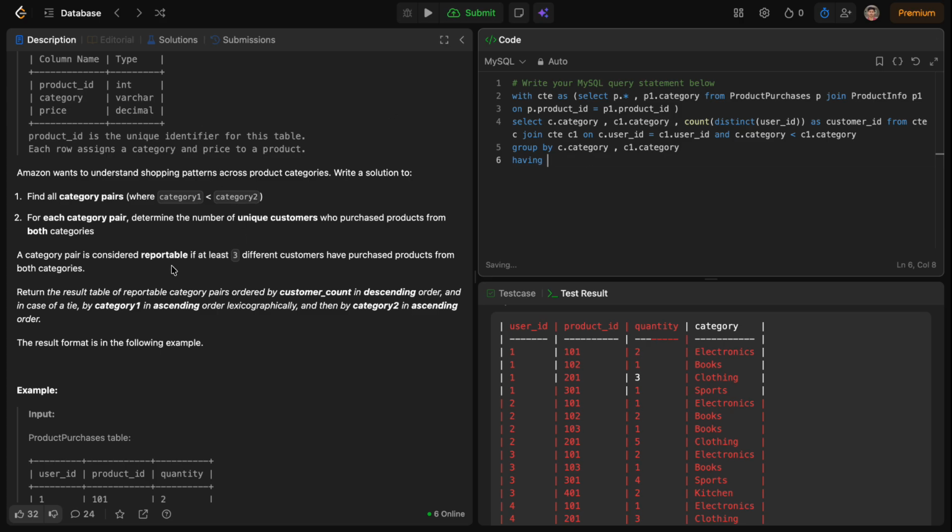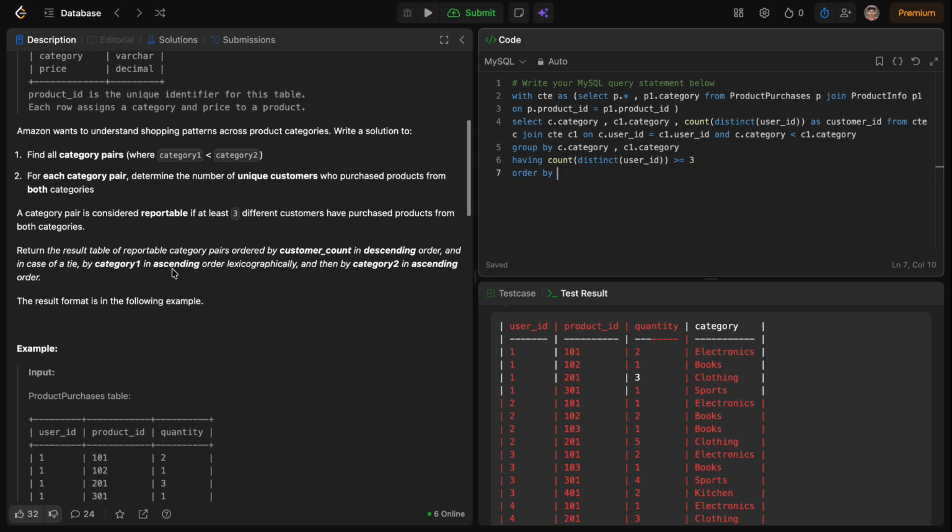Another condition is having count distinct user ID greater than or equal to 3. Then order by the customer count in descending order, and then category 1 in ascending order lexicographically, and then category 2.